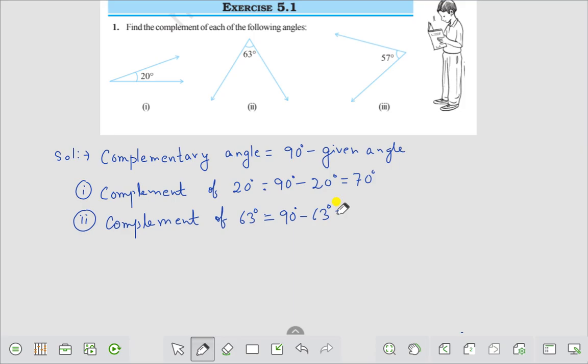That will be equal to, you see there is 90 degrees minus 63 degrees. That is 27 degrees. Therefore, the complement of 63 degrees is 27 degrees.